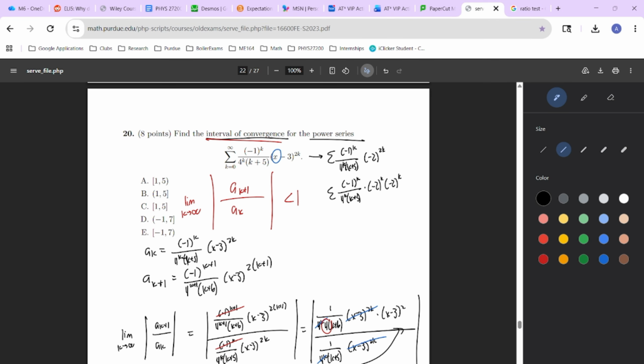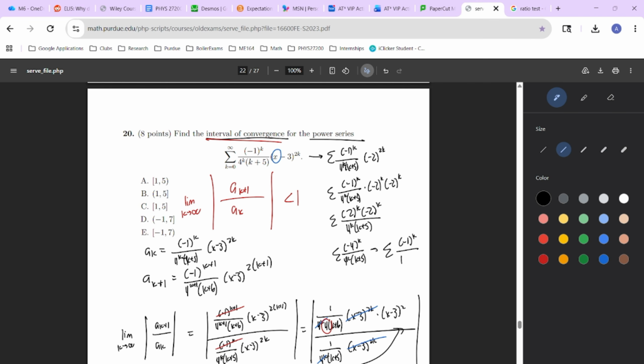This can be brought in. This would be 2 to the k multiplied by negative 2 to the k over 4k multiplied by k plus 5. That would become negative 4 to the k over 4k multiplied by k plus 5. That turns into, what is this? Negative 1 to the k.